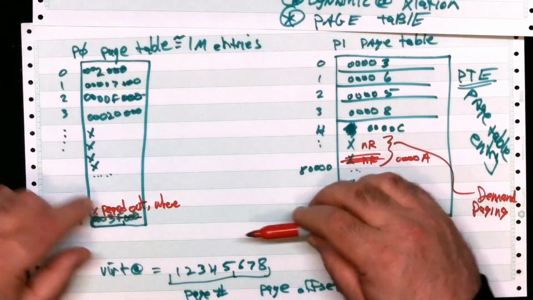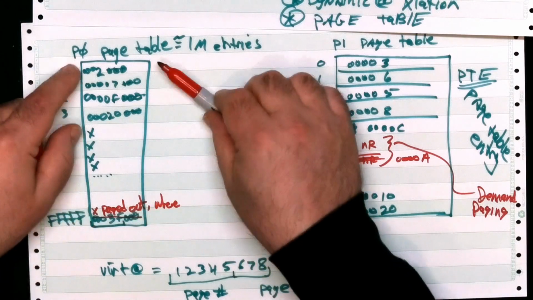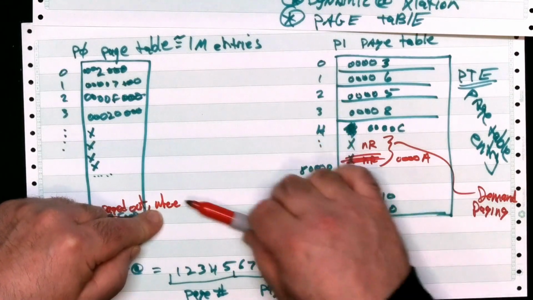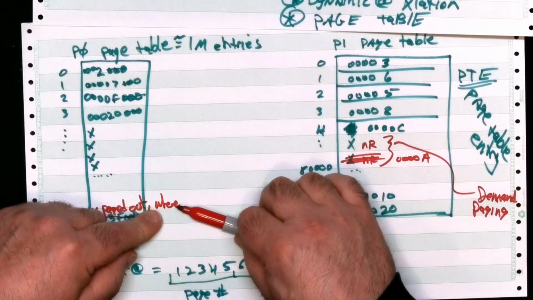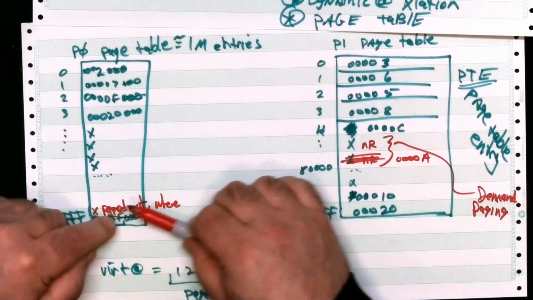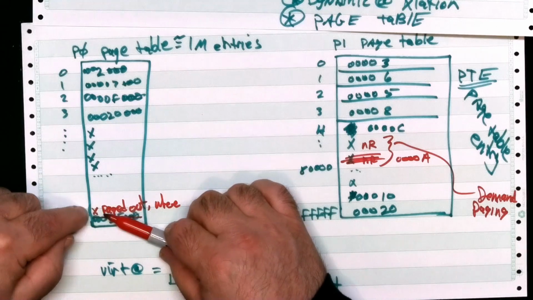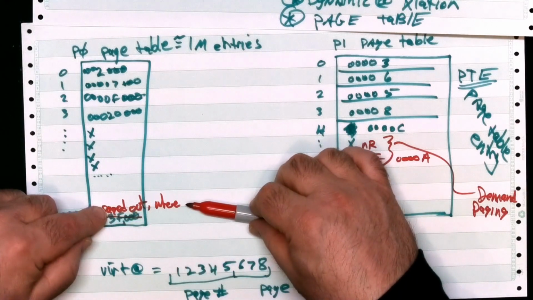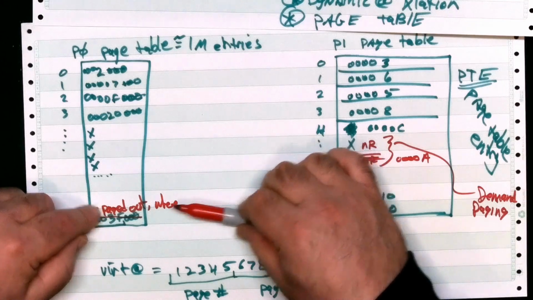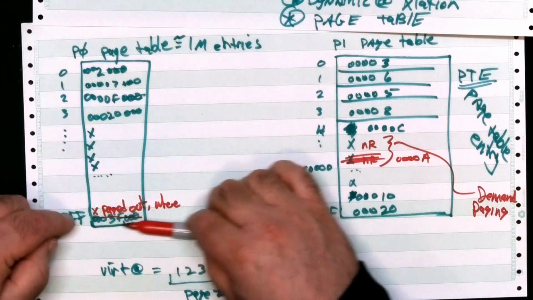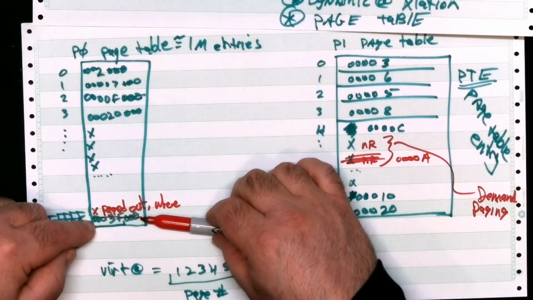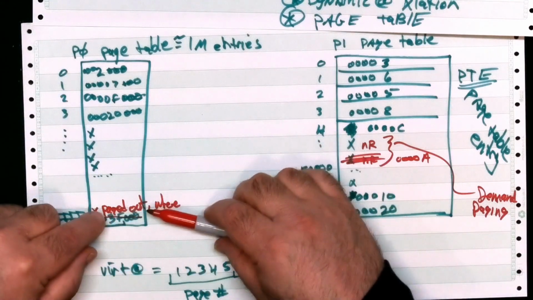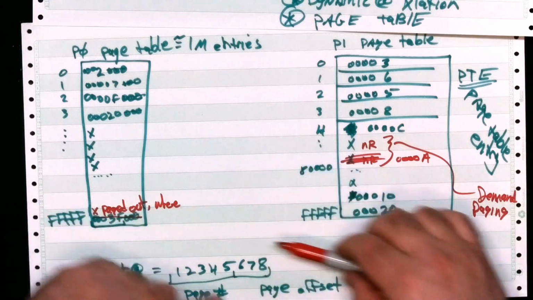Okay, so what happens here? I stole a page from a running process. I wrote it out to disk and I remembered where on the disk I put it. I mark it invalid and I set a flag that says this is invalid as far as the MMU is concerned, but as far as the operating system is concerned, if somebody tries to access this page down here, the process will get a page fault. The operating system will go, oh, I stole it. I need to get it back.